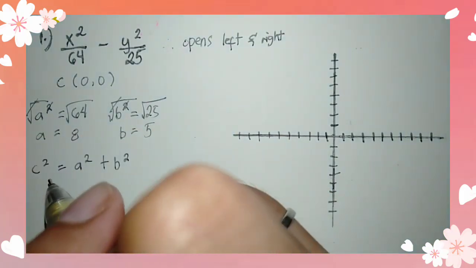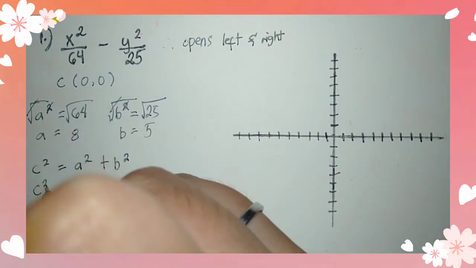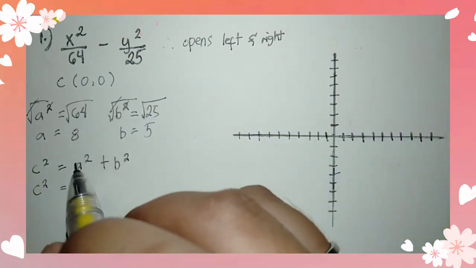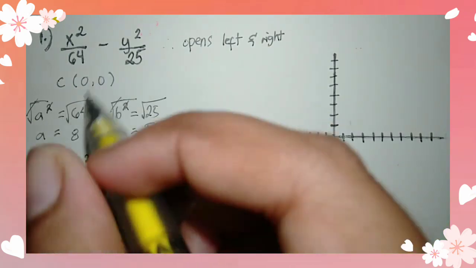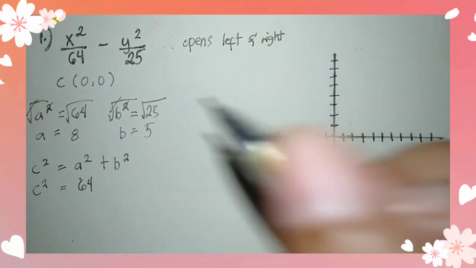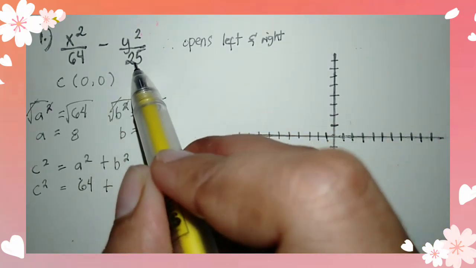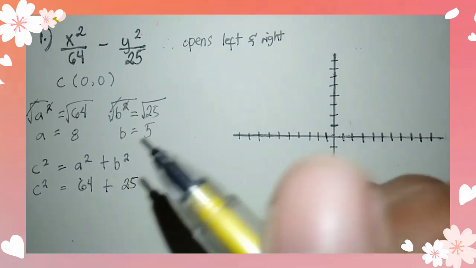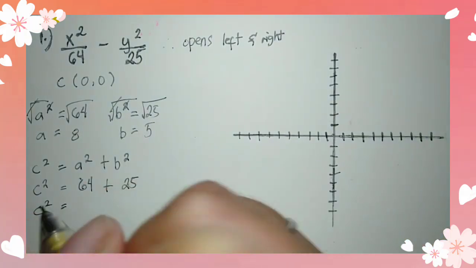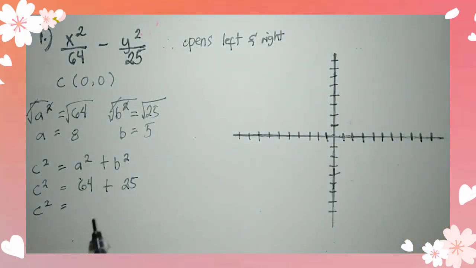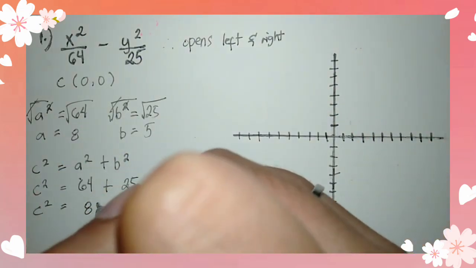Alright? Since wala naman tayong c squared and siya nga yung hahanapin natin, si c, then ang a squared natin is 64. So, we have 64 plus ang ating b squared. Ito is 25. Ayan. And then c squared is equal to 64 plus 25 is 89.